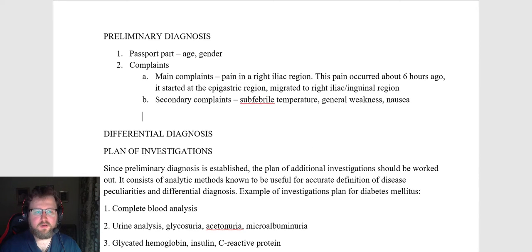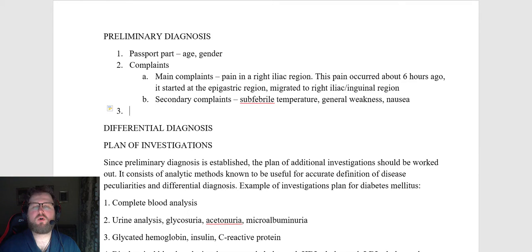Next, what we also know from the previous part of the case history is his life anamnesis, the anamnesis vitae. We know that this patient, for example, never was admitted to a hospital previously.